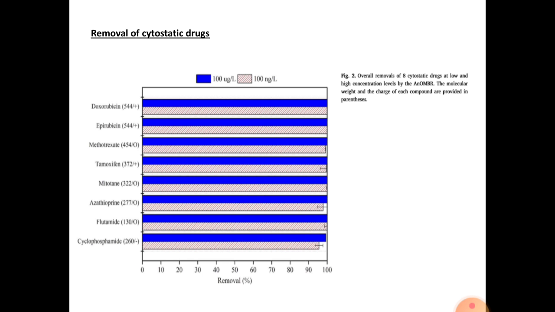So this lower removal obtained at a dosing concentration of 100 nanogram per liter might be caused by the partial sorption of the compounds by the soluble organic compounds in the supernatant.